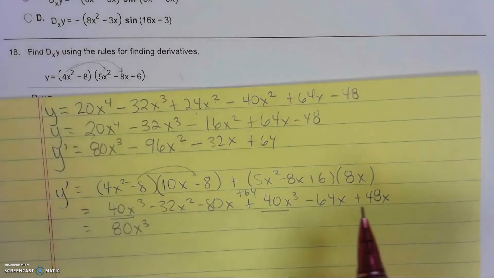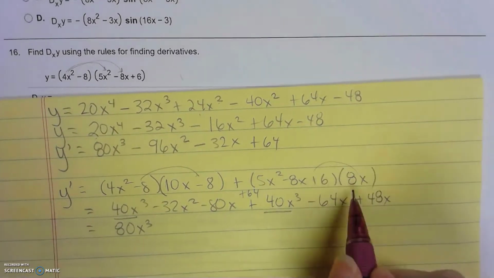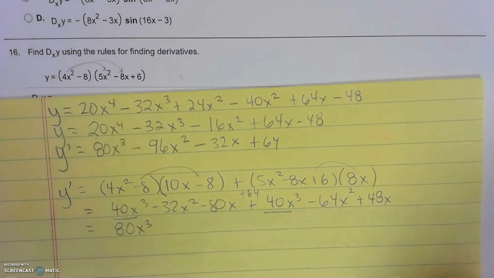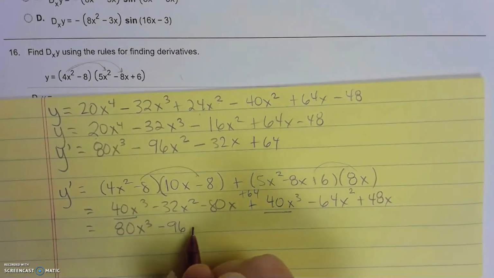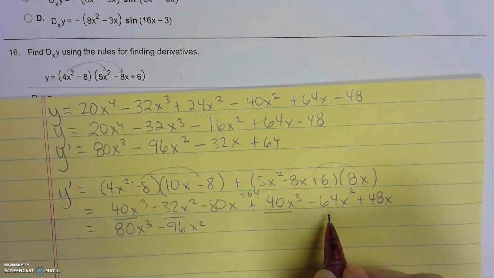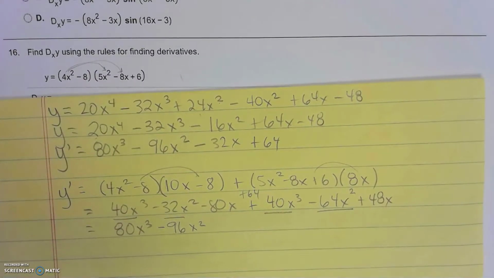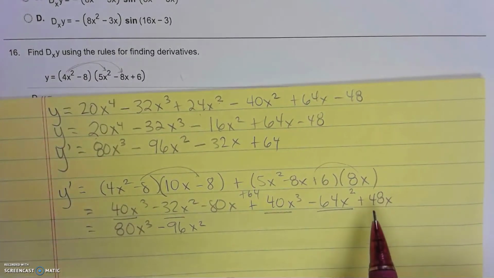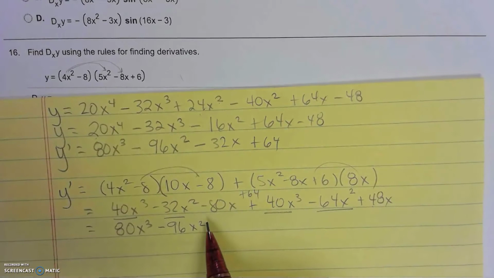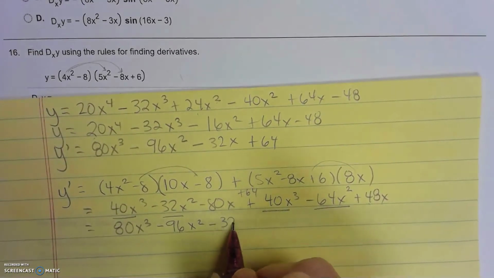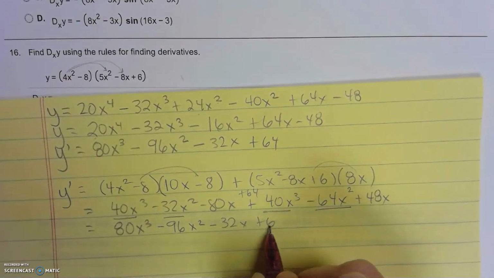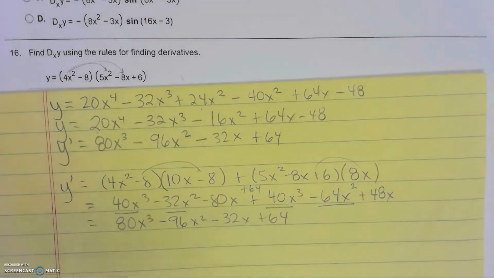I need to do better on my multiplying. This right here should be negative 64x squared, so that would give us negative 96x squared. And then we have 48x's, negative 80x's would give us negative 32x's, plus our 64. So the same thing as what we got up here.